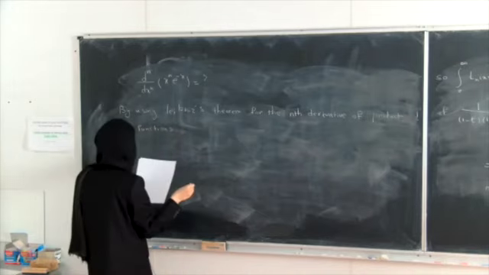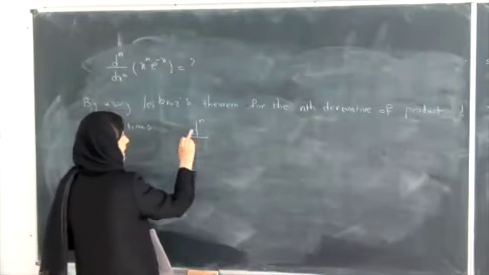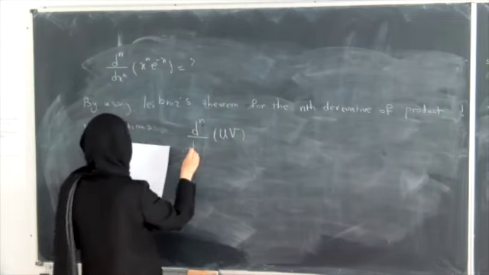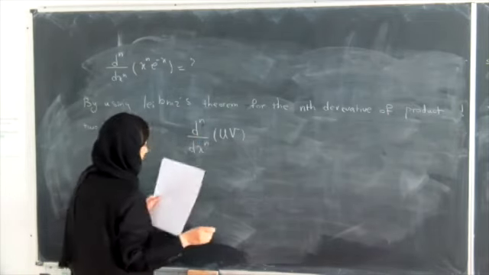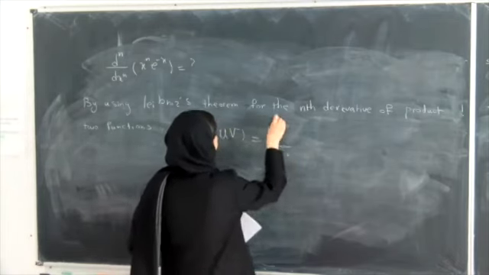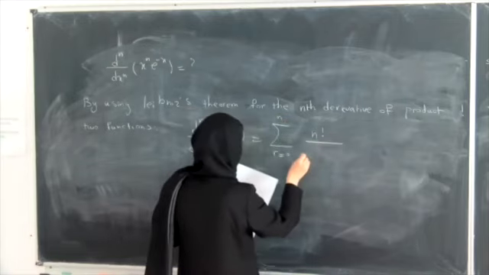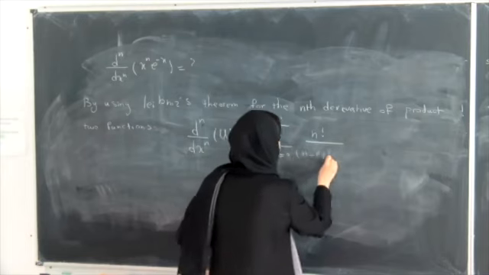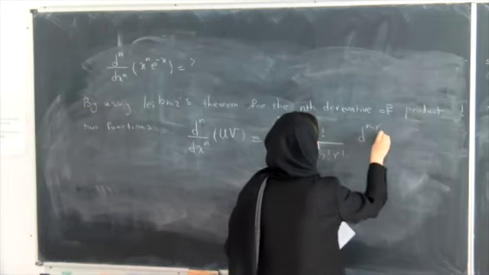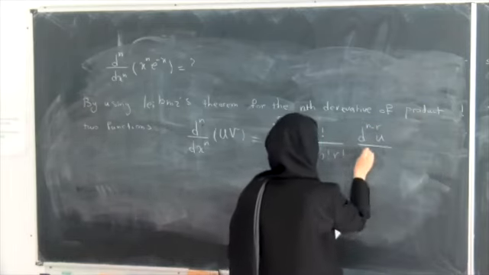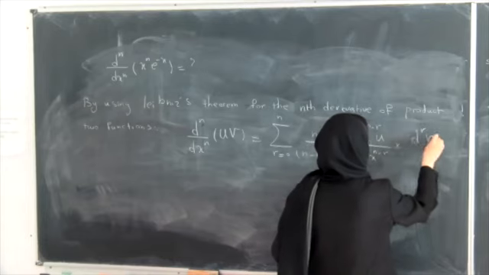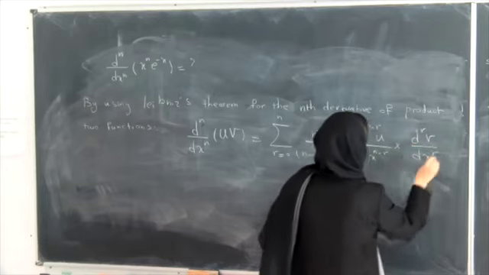We have the n-th derivative of u times v with respect to x can be obtained from this series, the sum from r equals 0 to n of n factorial over r factorial times (n minus r) factorial, the (n minus r)-th derivative of u times the r-th derivative of v.